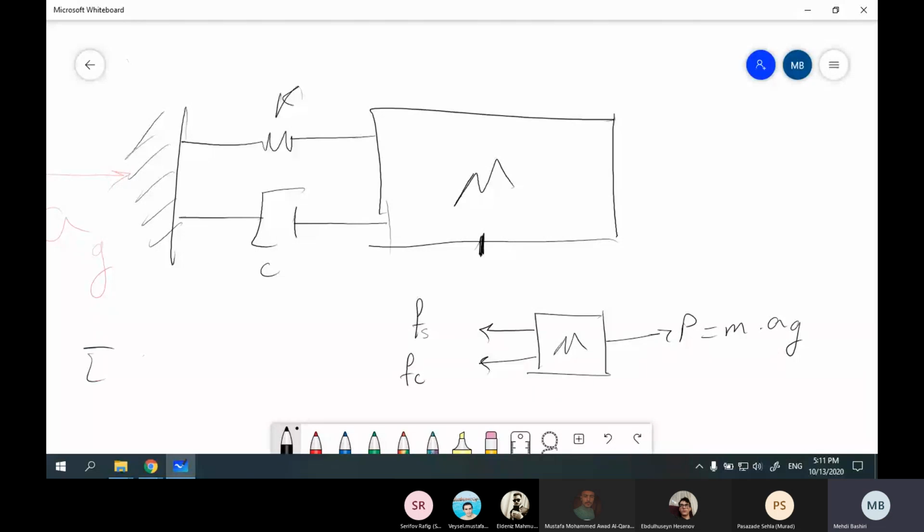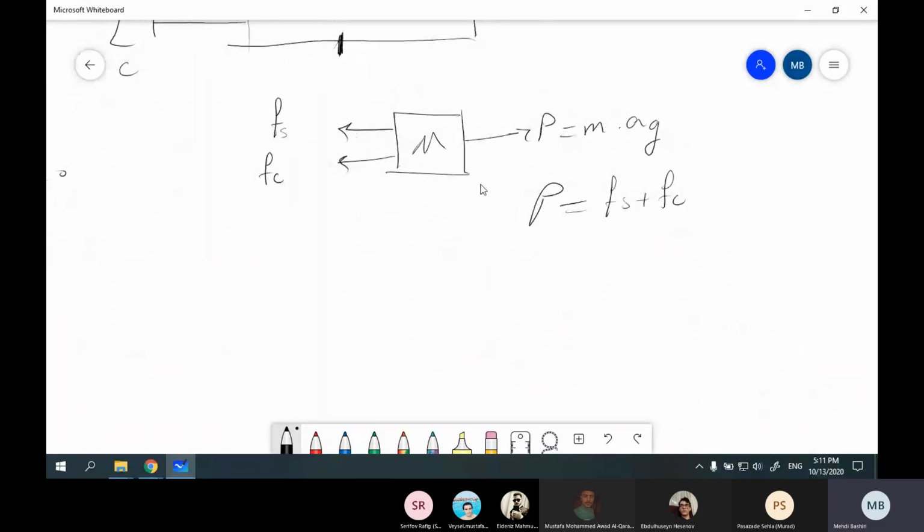So sigma Fx equals 0. One force in this direction, P, the other forces are in the other direction, Fs plus Fc. If you can provide this equilibrium, you're safe. If not, you're screwed. You'll see collapse in your structure.